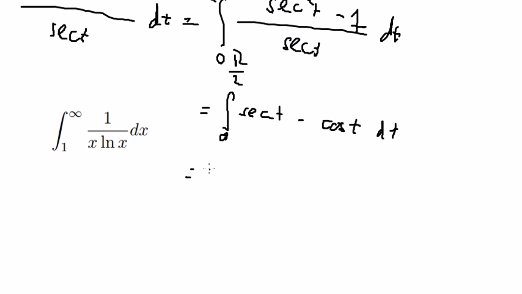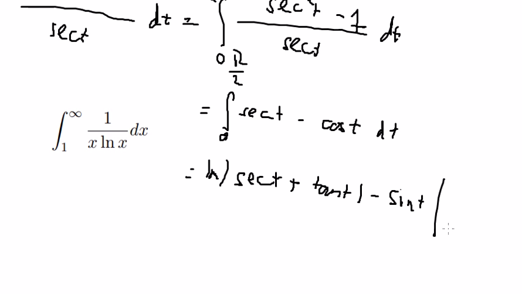This one we got about ln of the absolute value of secant of t plus tan t, and this one we got about sine t, and we have the bounds in here.